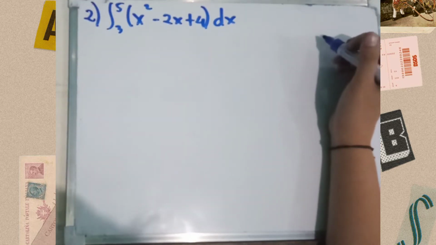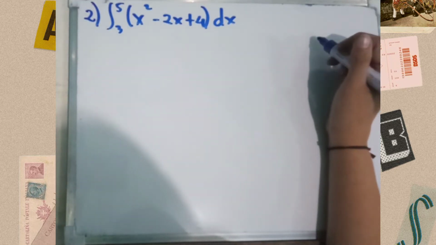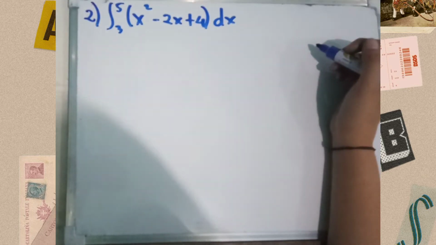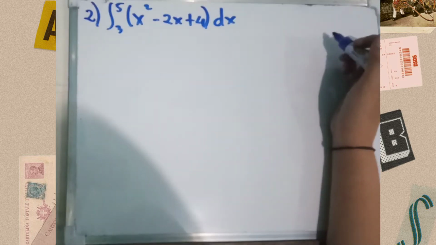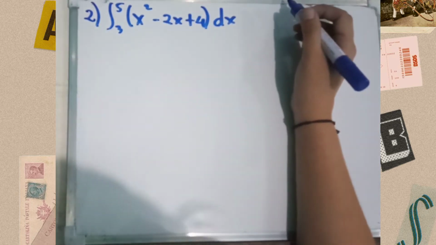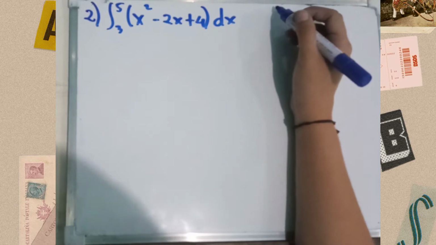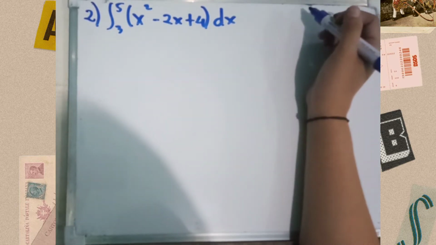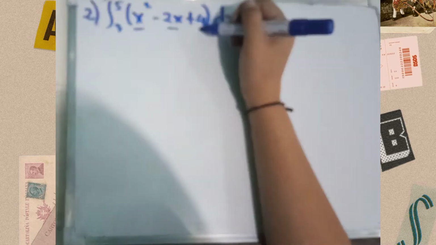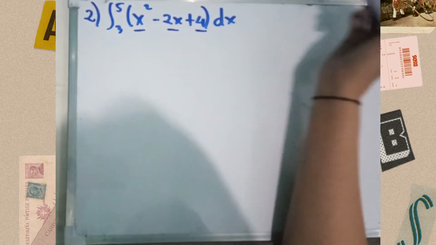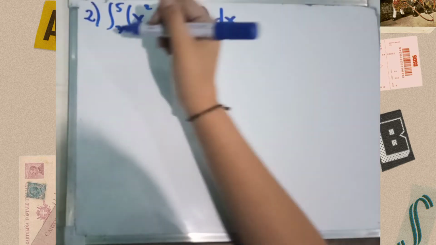For the second example, we have the integral of the quantity x squared minus 2x plus 4 dx from 3 to 5. Here we are given 3 terms, and for this one we can distribute the integral symbol to each of the terms, so we can integrate each one of those terms.